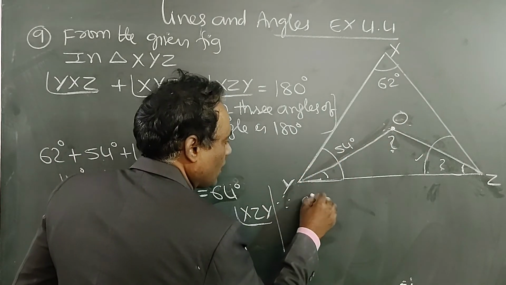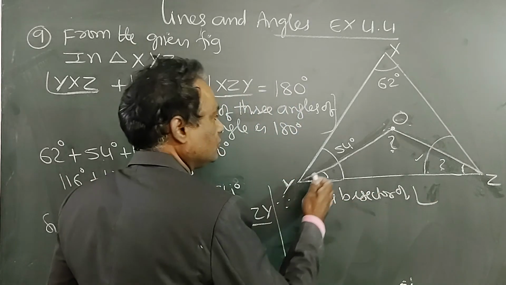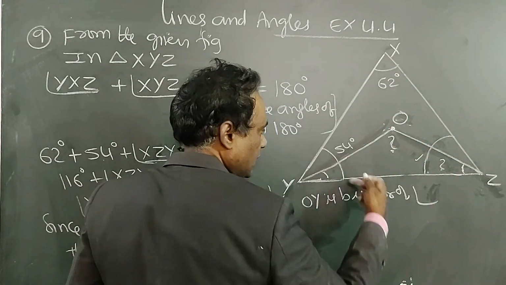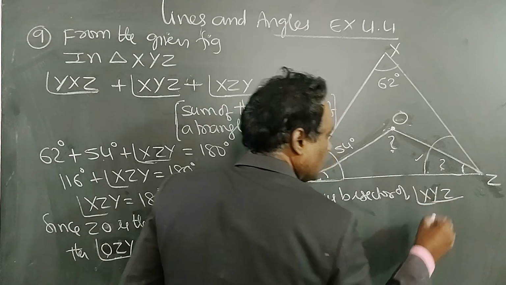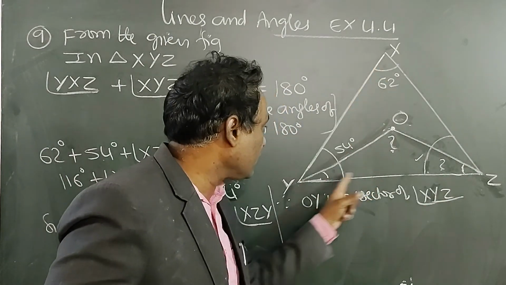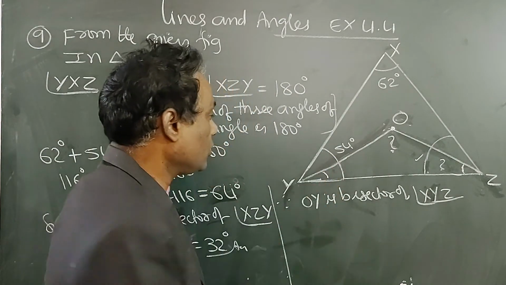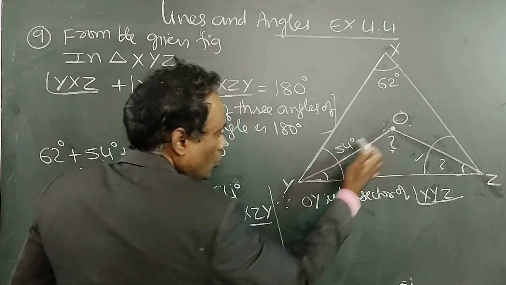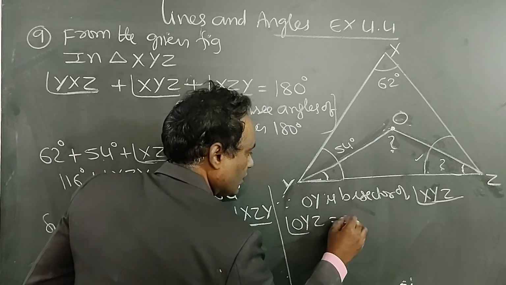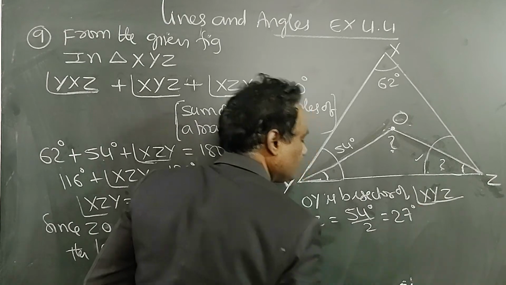Since OY is the bisector of this total angle, XYZ, it is given in the question. Bisector means divide into two parts. This half part will be 54 by 2. What is the name of this part? OYZ. Angle OYZ is equal to 54 by 2, which is 27.